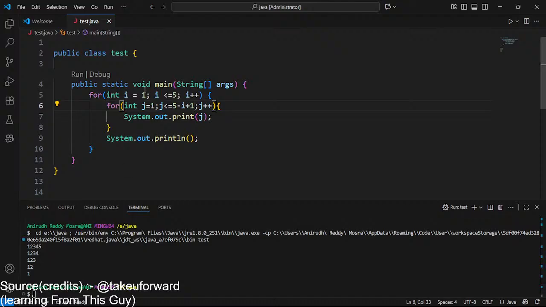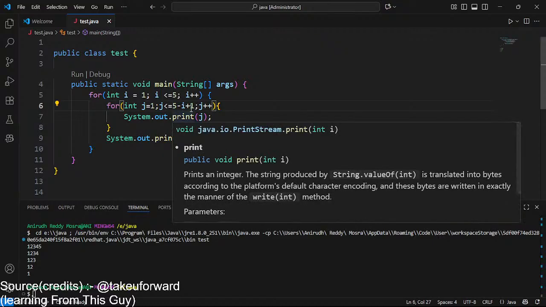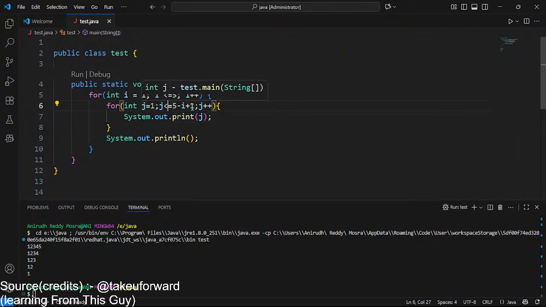Oh, first one. It satisfies this condition. Then it comes down. J equals to one. 5 minus one, oh, 5. So it comes here. It's one. Goes here. Plus plus.